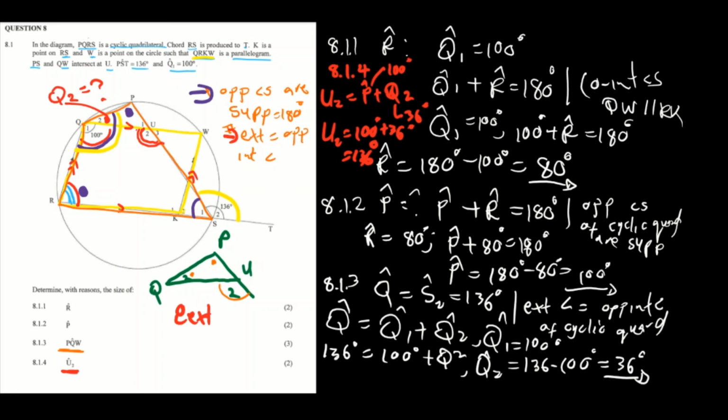The reason for this one is the exterior angle of a triangle, because this angle here is equal to these two angles there. That's the reason you're going to write for this answer. So your final answer is 136 degrees for U2.